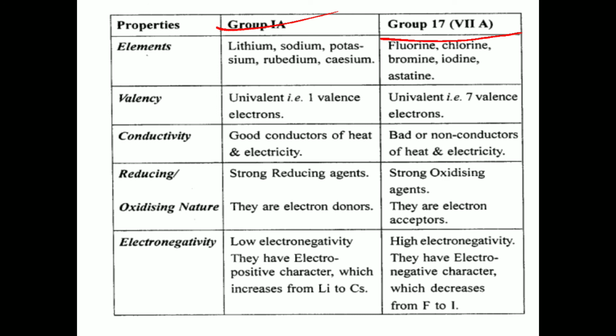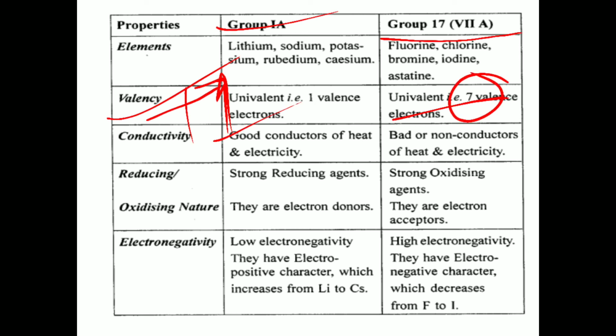But for group number 1, the alkali metals, the valency is +1, and group 17 is also univalent, but it has 7 valence electrons. In case of halogens, the number of valence electrons is 7.